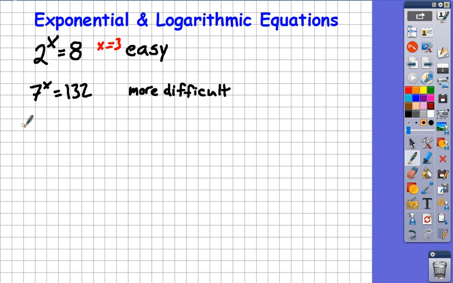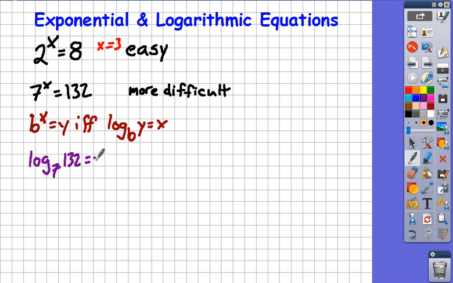Remember, the base to the x power equals y if and only if log base b of y equals x. So in a problem like this, what we're really looking at is log base 7 of 132.